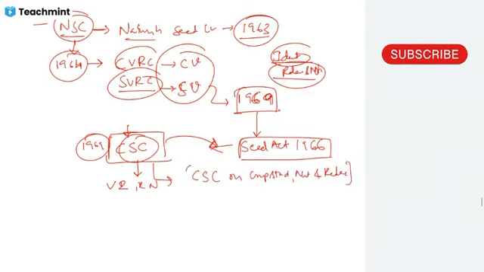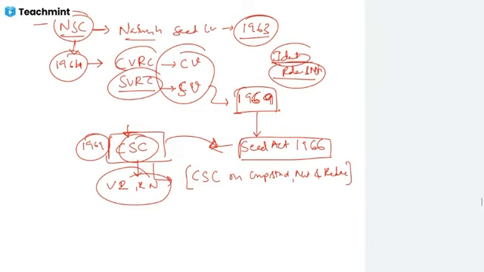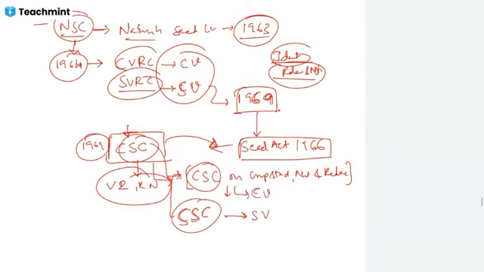This committee is again divided into the Central Subcommittee and the State Subcommittee: the State Subcommittee for state varieties and the Central Subcommittee for central varieties.